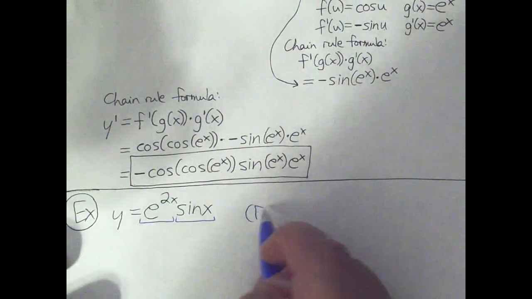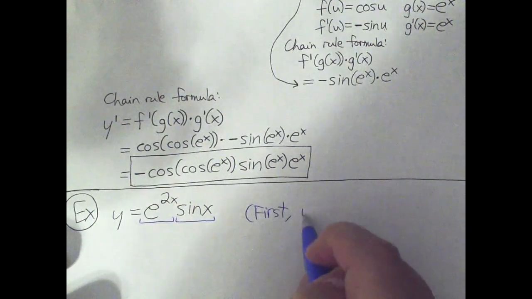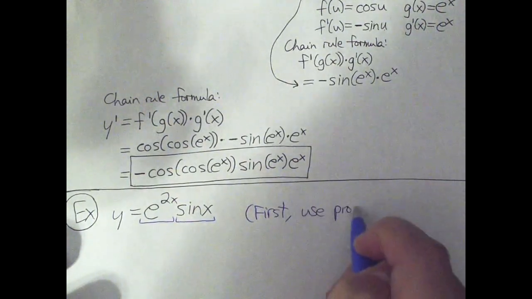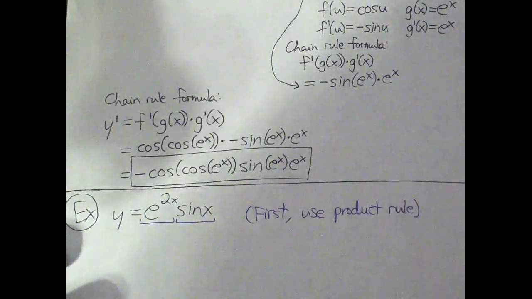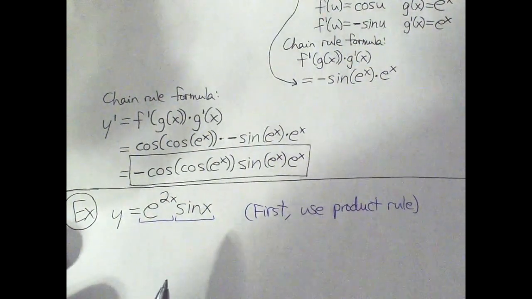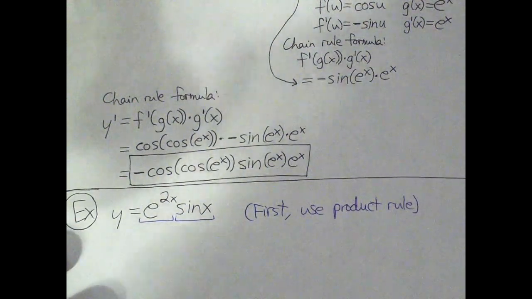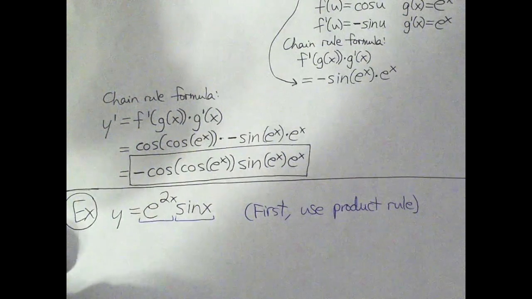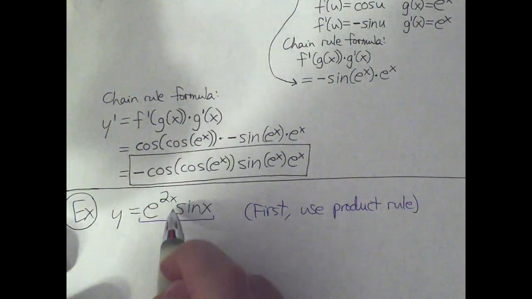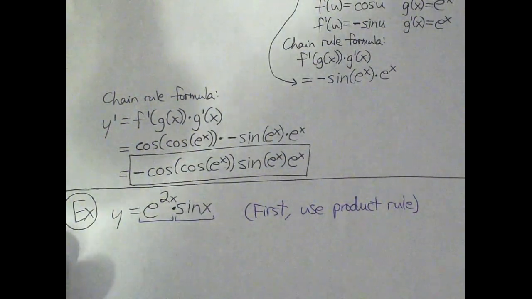So first, we're going to use the product rule. And I think within this problem, we're still going to need the chain rule, but we need to do the product rule first. Because first and foremost, this is a product. E to the 2x times sine x.